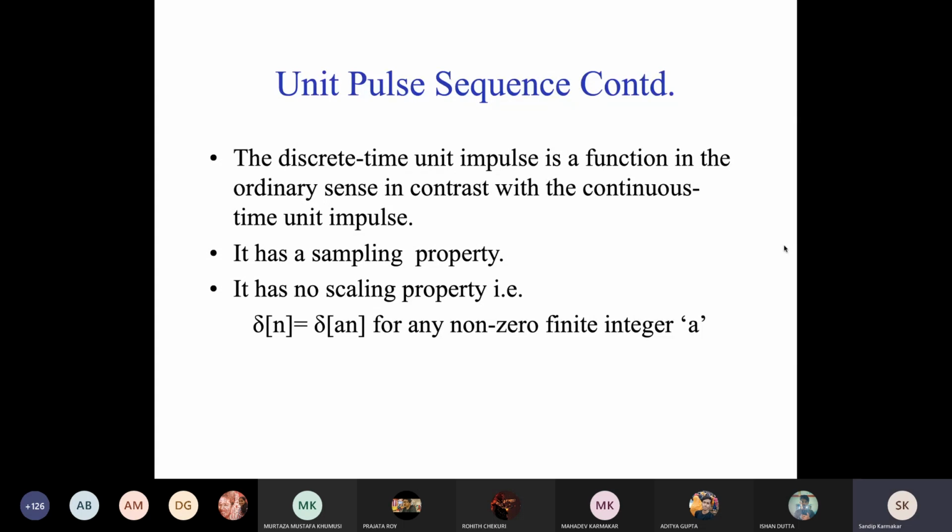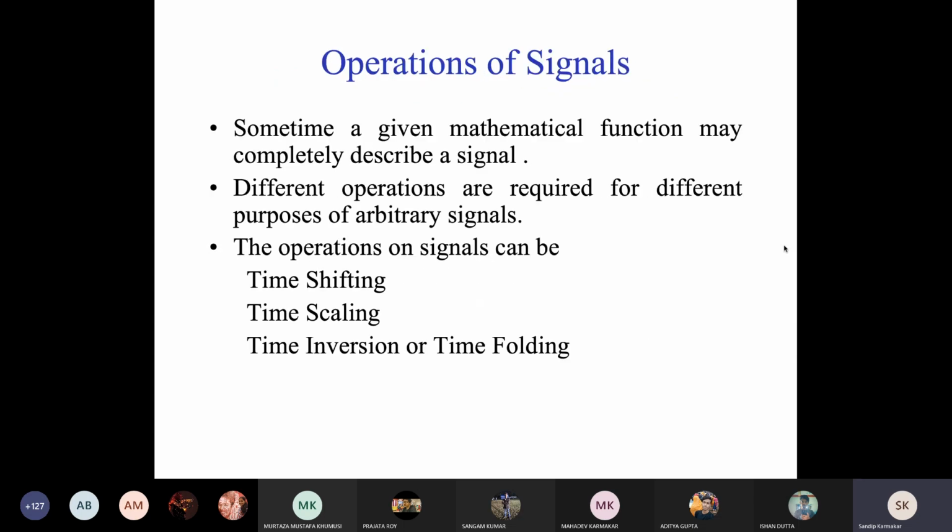Delta(a(t minus t naught)) is equal to 1 by mod a times delta(t minus t naught). Right. So that is true for continuous time, but that is not true for discrete time, because we have seen that delta[n] equals delta[an] in this case.